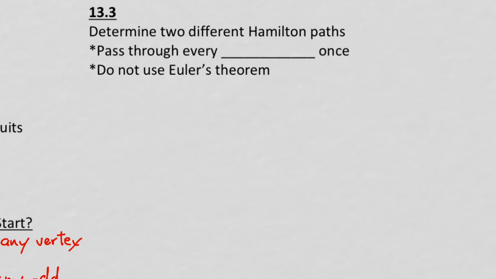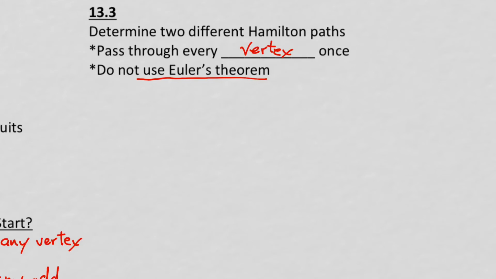Now let's take a look at 13.3 with Hamilton paths. So you're going to pass through every vertex this time once. And because we're focusing on vertices, it's like a location, and we're not worried about edges, then we cannot use Euler's theorem.